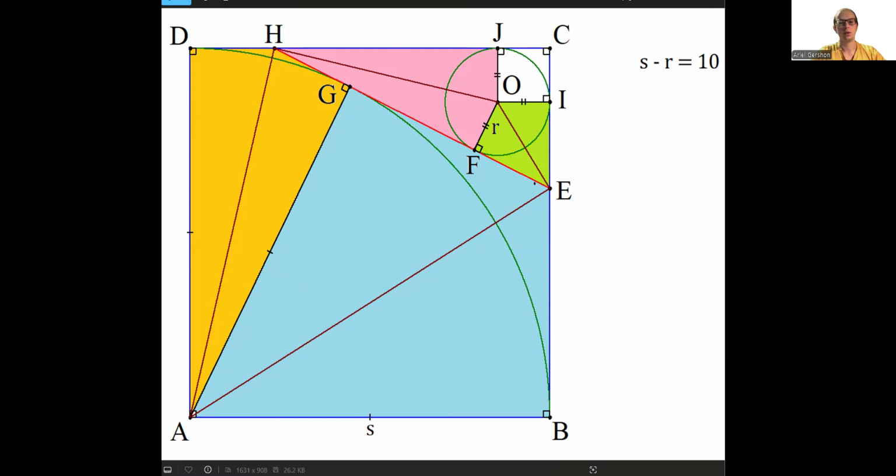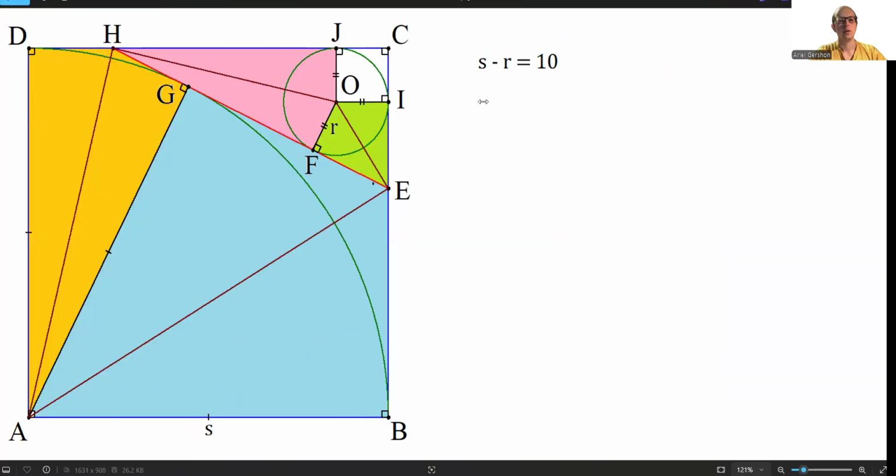I'm just gonna enlarge the screen here a bit. There, now we have more room. And we see that this brown line, AE, divides that blue shape into two right triangles.